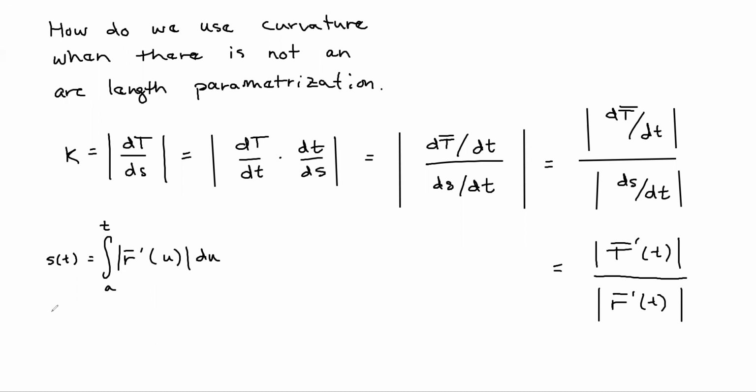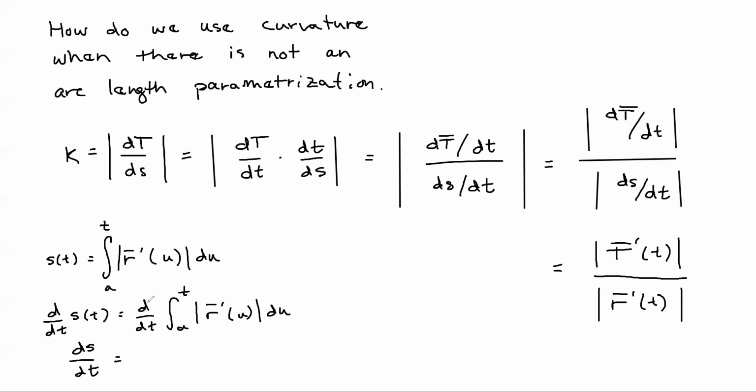If you differentiate this with respect to t on both sides, you have the derivative of s of t with respect to t, and the derivative of the integral from a to t of the length of r prime of u du. On this side, the derivative with respect to t of function s is just ds dt.